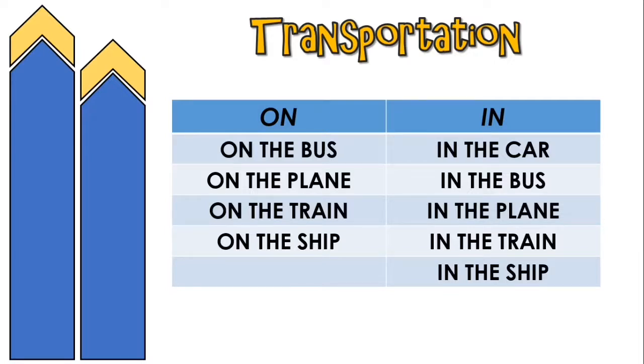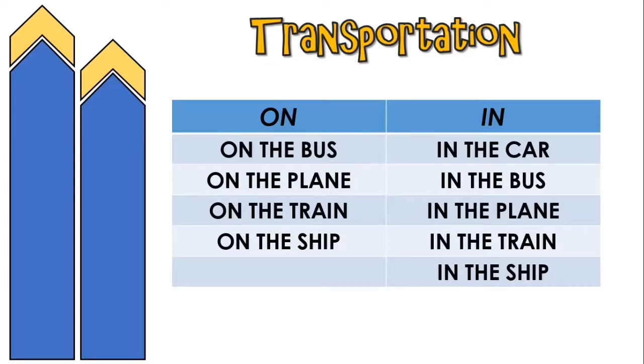We use the preposition in if the transportations are not in motion, meaning they are not moving. So it is correct when you say I'm in the bus, meaning the bus is not moving. But when you say I'm on the bus, meaning to say the bus is moving. So that's how you're going to use on and in for transportation in different situations.